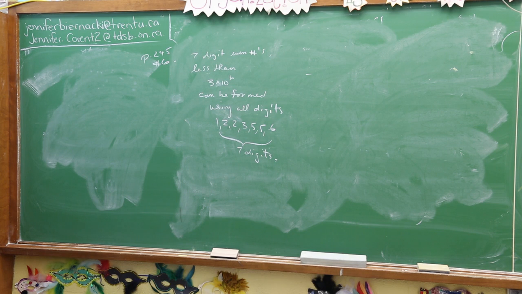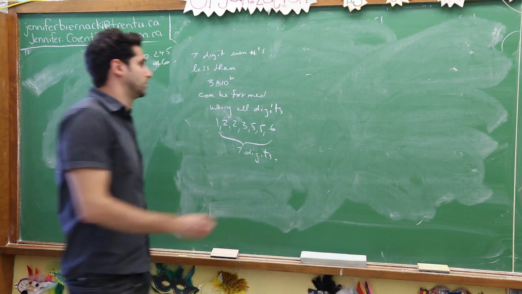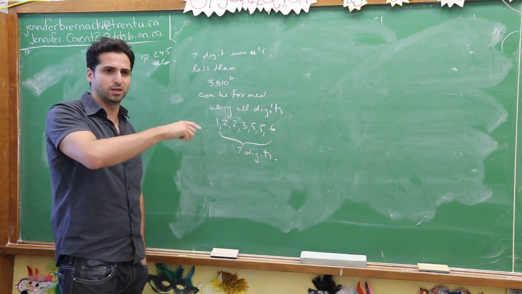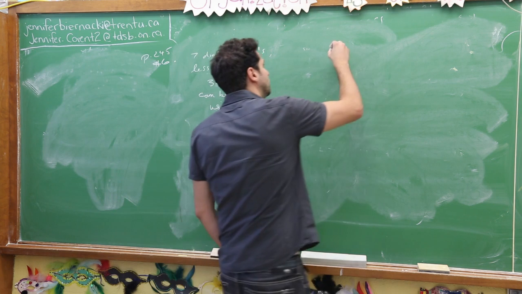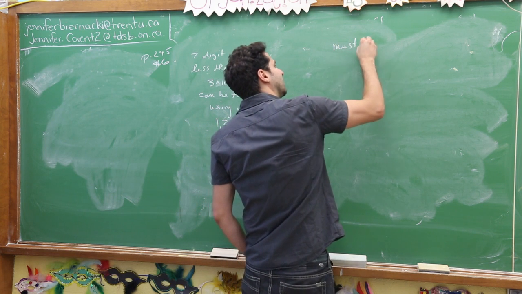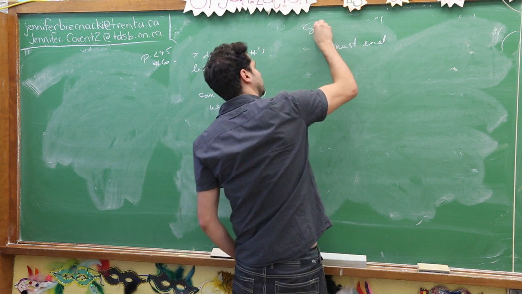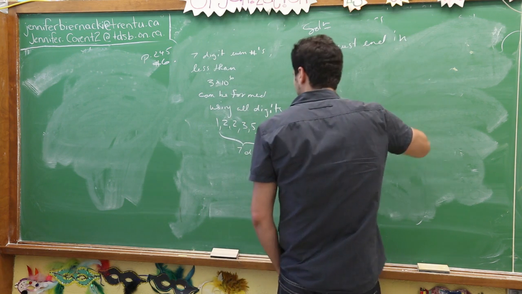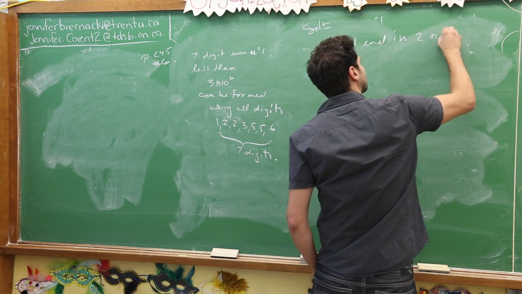So let's see. Let's talk about a case here. Should I write down what you guys just said? Might as well. Okay, so we'll say solution. You must end in, you guys said, 2 or 6.